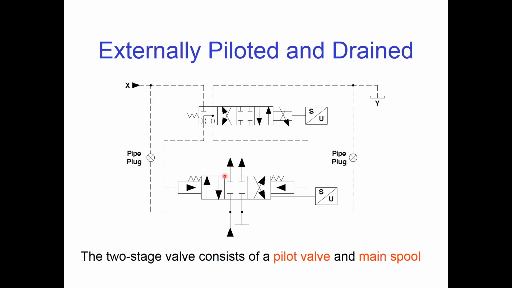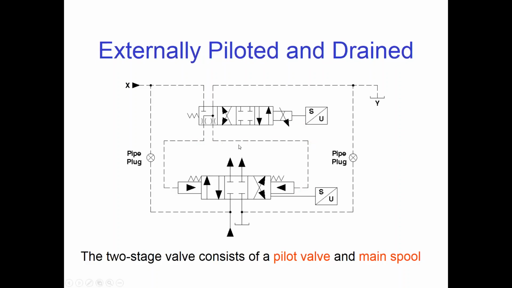This particular one has a closed center position that blocks all four ports to the actuator and to the pump and to the tank. The two springs move the spool to its center position whenever we release pilot pressure from the main spool. Right?